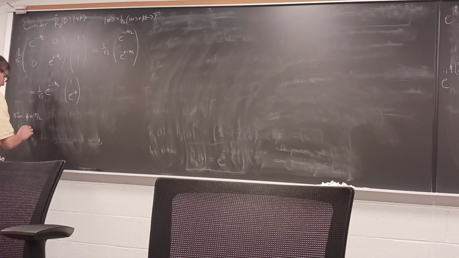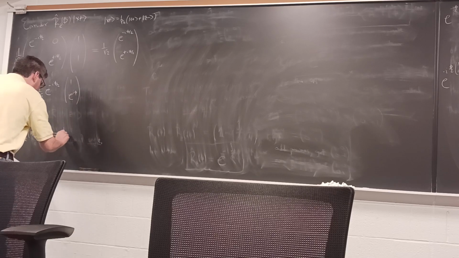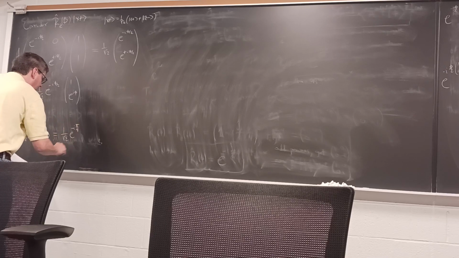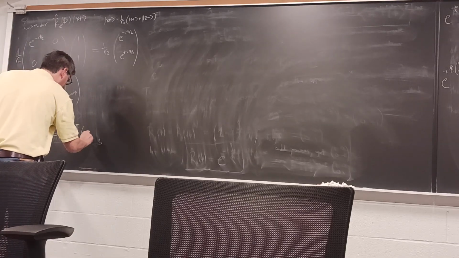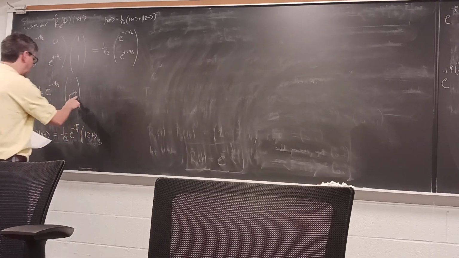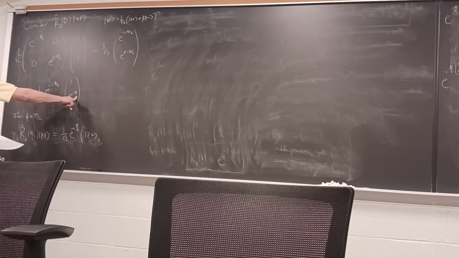So this will be 1 over the square root of 2 e to the minus i pi over 4 times z plus, and e to the i pi over 2 will be just i, right?